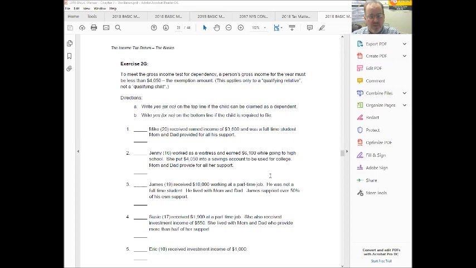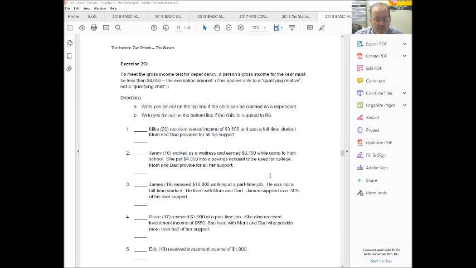She put $4,050 in the savings account to be used for college. Mom and dad provide all of her support. Our question was, to meet the gross income test for dependency, a person's gross income for the year must be less than $4,050, the exemption amount. This applies to a qualifying relative, not a qualifying child.